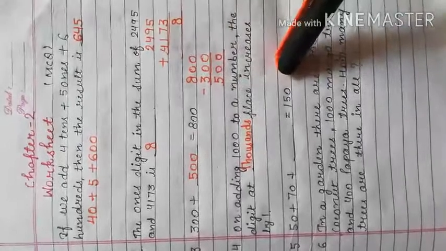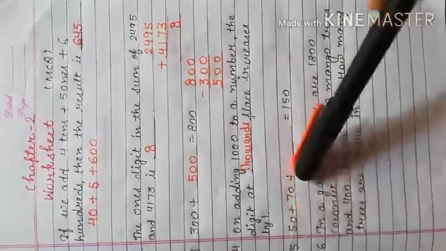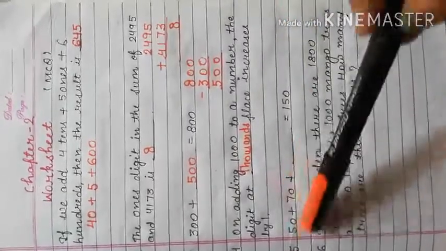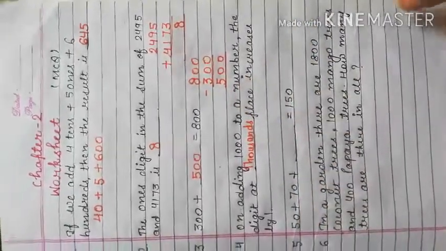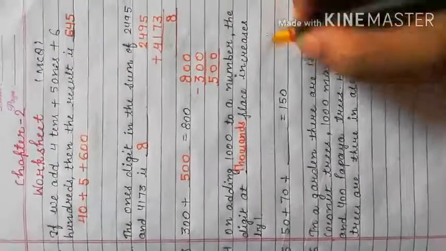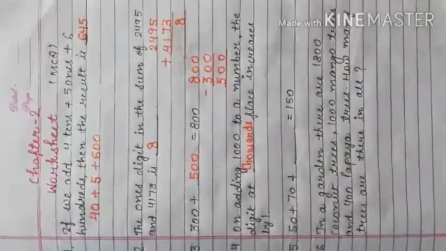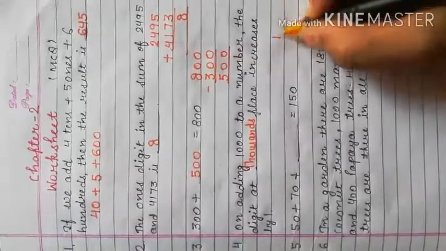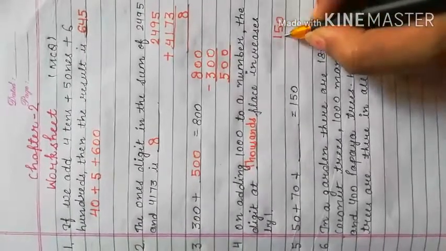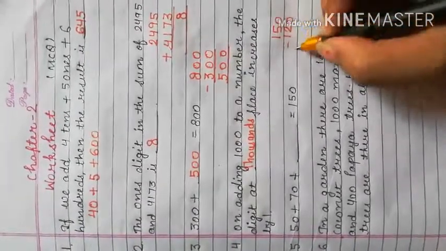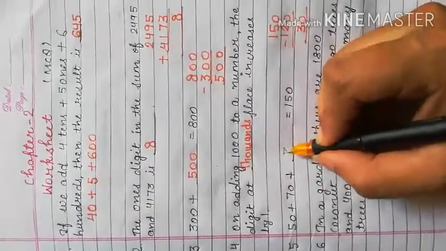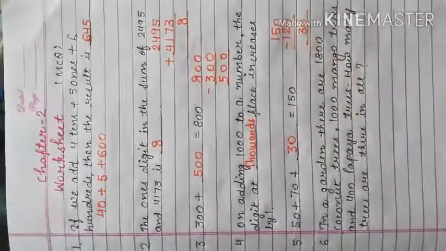Similarly, in this case, first we will add the 2 addends that are given, and then we will subtract their sum from the total number. So here 50 plus 70, that is 120. We will just subtract 120 from 150, and here we will get the answer, that is 30.